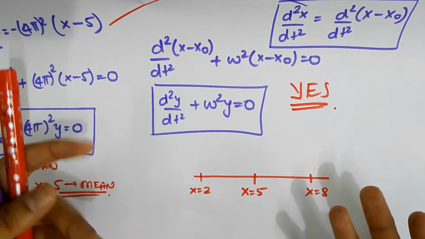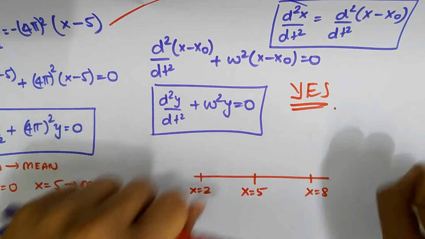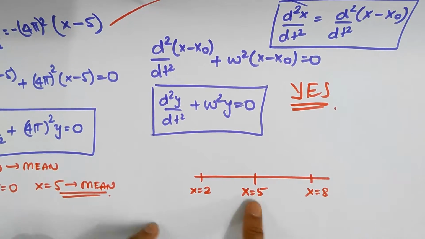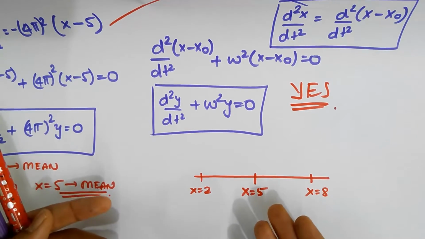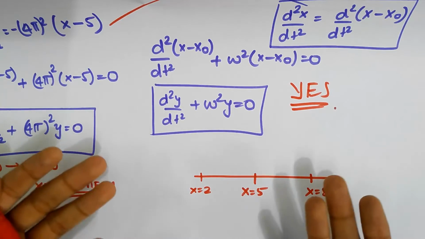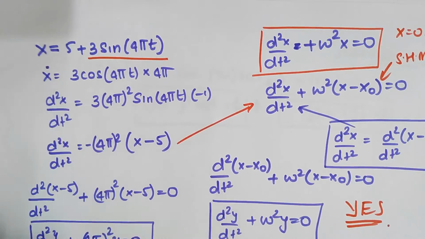So you notice what has happened? Instead of calling x equal to 0 as my mean position, all we have done is shifted the axis and we have called x equal to phi as our mean position. Nature doesn't care what you call your mean position. A simple harmonic motion shouldn't depend on that. So we can generalize this.